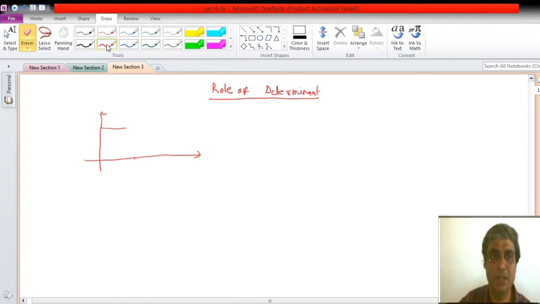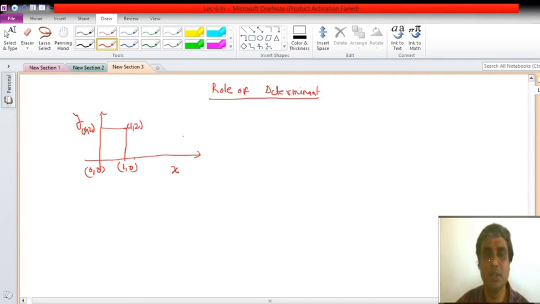With axes x and y, the points are 0 comma 0, 1 comma 0, 0 comma 2, and 1 comma 2.